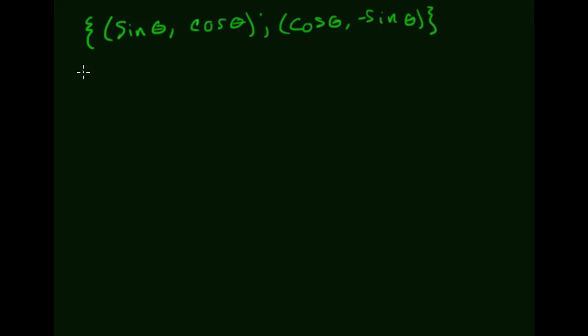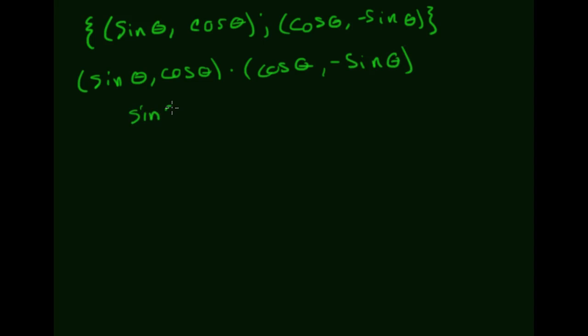So if I dot product these, I'm going to take sine theta, cosine theta, dot cosine theta, negative sine theta. My dot product comes out as sine theta cosine theta minus cosine theta sine theta, and regardless of what theta is, that's 0. So these vectors are orthogonal regardless of what the measure of theta is.